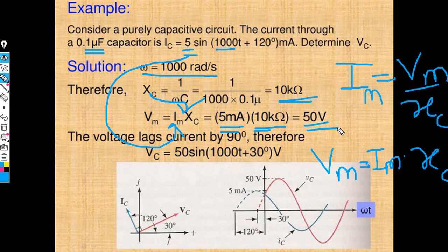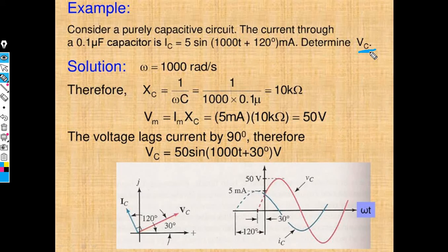Now here we have considered voltage, because in the problem we have been given the current. The voltage lags the current by 90, but here 120 is given. So 120 minus 90, taking the minus sign because of the lagging concept. Angle obtained is 30.